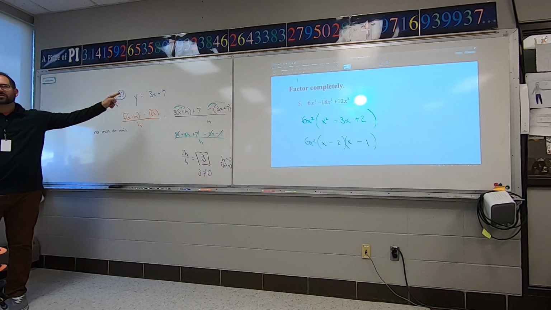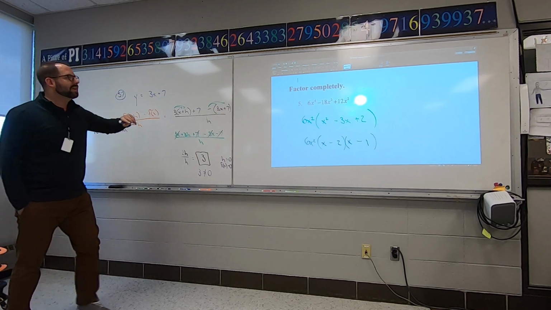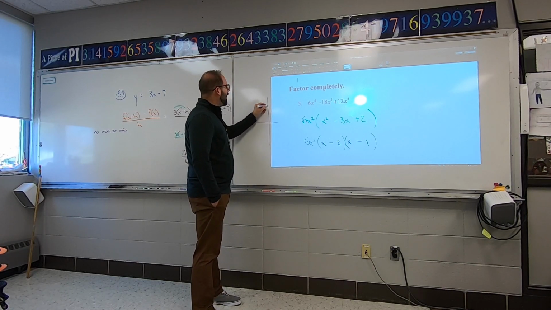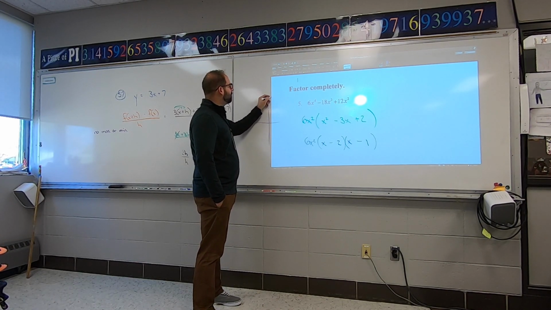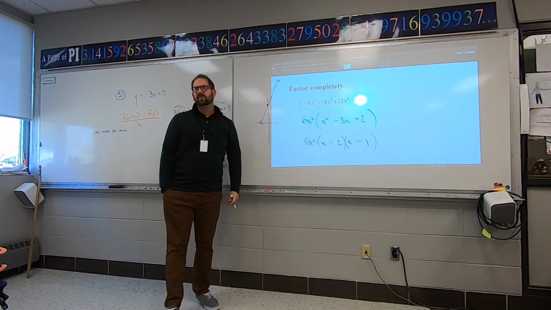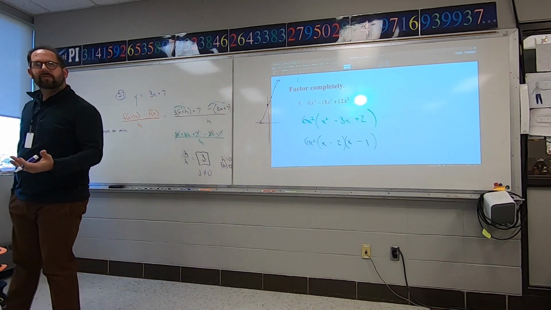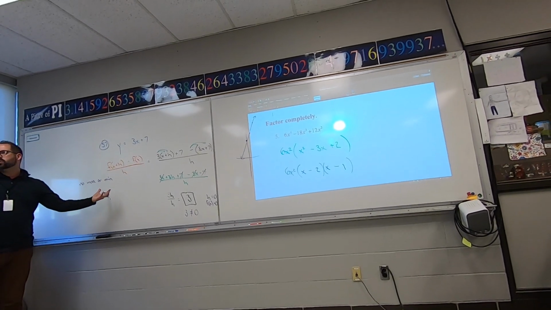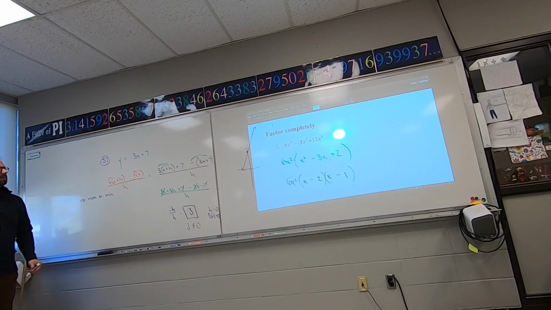So it doesn't have a max or a min. Because that thing would start at 7. If I were to draw this thing, it would start at positive 7 on the y-axis, go up 3 and over 1. And it would be a line. There's no max or min to lines. They don't curve. They just go up forever and down forever. So it makes sense the differential quotient didn't give you an answer.